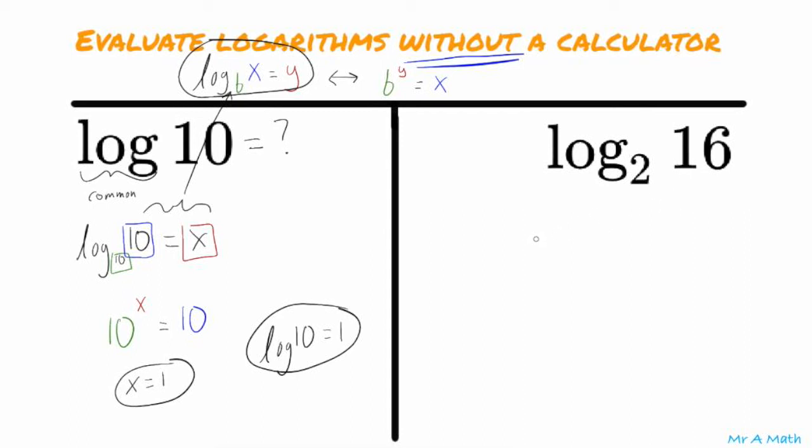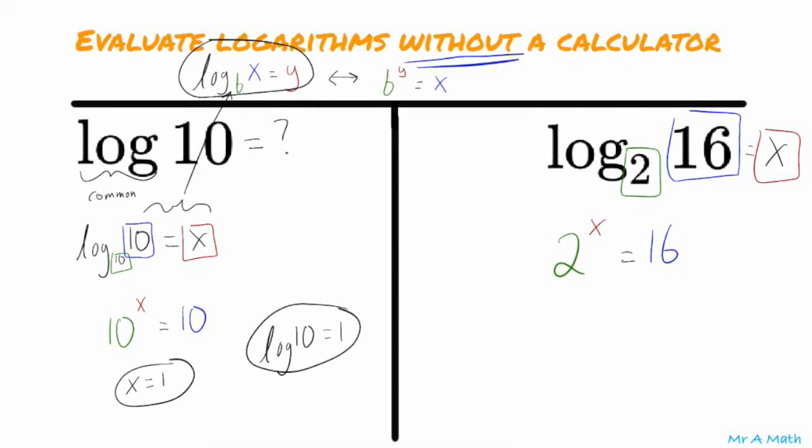Now remember, the rule is I'm going to take my base and raise it to the power of whatever this logarithm is equal to, which I'm going to just call x, and then that's ultimately going to be equal to the 16 here. So I can write this out as 2 to the x power is equal to 16.